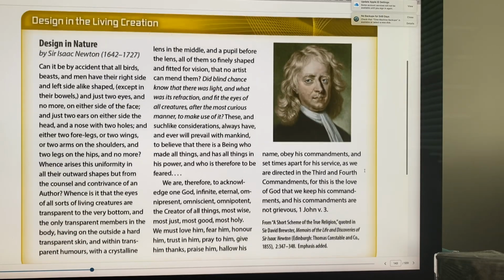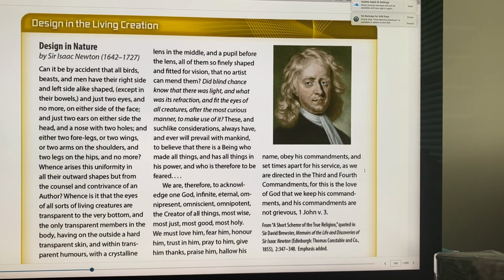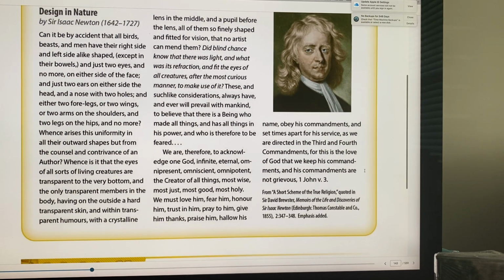And then this last part is Isaac Newton. Indeed, God's amazing. Isaac Newton, I'm not going to read this whole thing, but he was basically saying, we are therefore to acknowledge one God, infinite, eternal, omnipresent, omniscient, omnipotent, the creator of all things, the most wise, most just, most good, most holy.